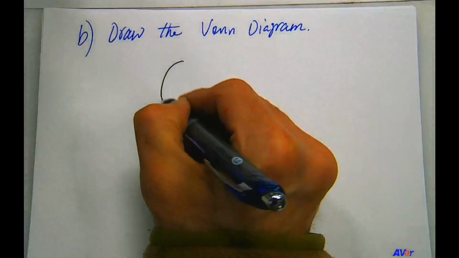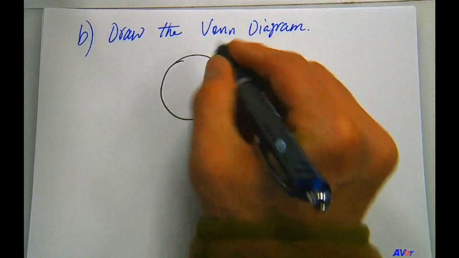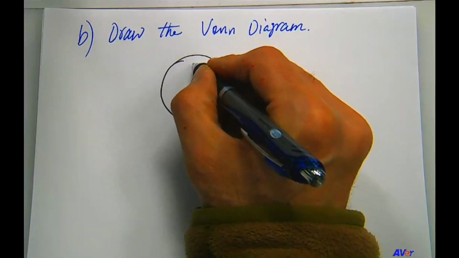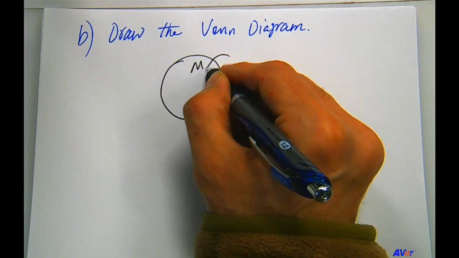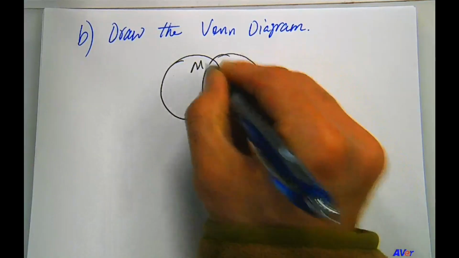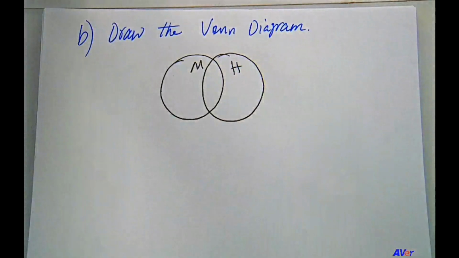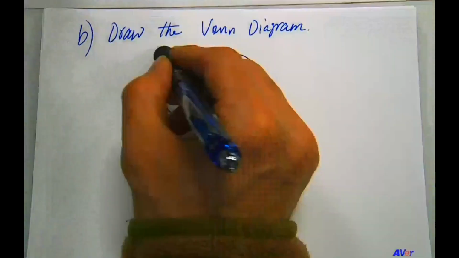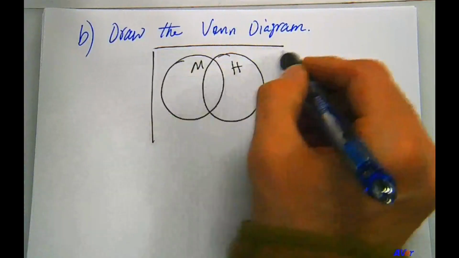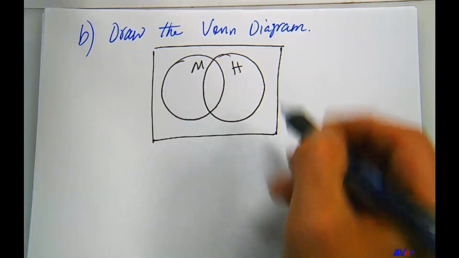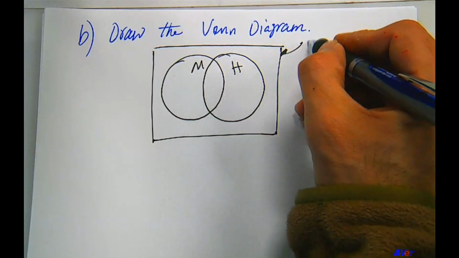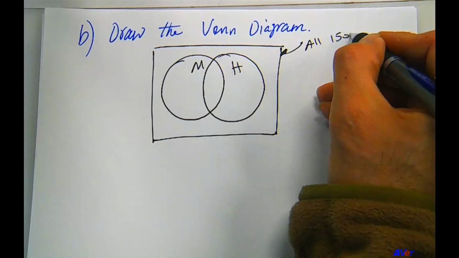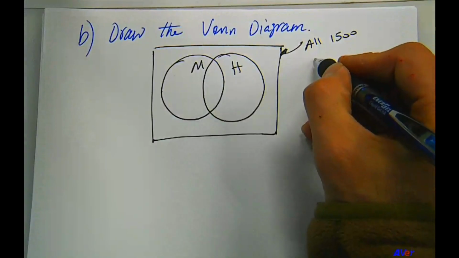Let's call this mathematics, and there are individuals who are taking both classes, so let's make that history, and let's take this as the sample space. So this box represents all 1,500 individuals.